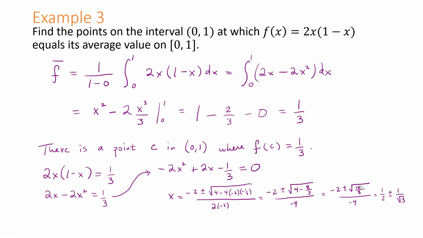Okay, that's where I made a mistake. Thank you. So 12 minus 8 is 4 over 3. Then the square root of 4 is 2 over the square root of 3, and 2 over 4 reduces to 1 over 2.